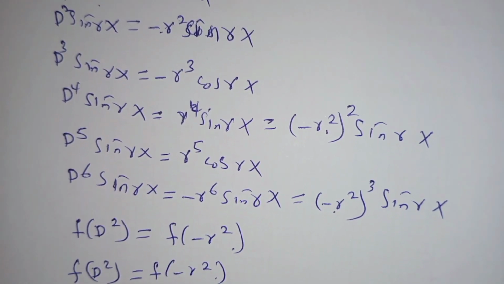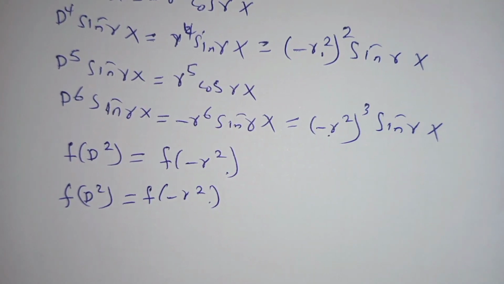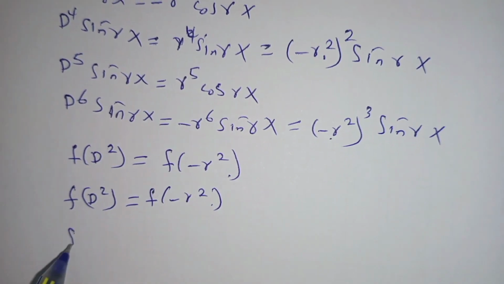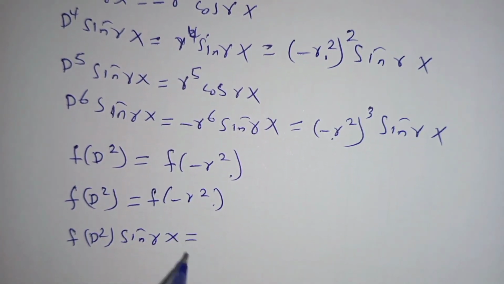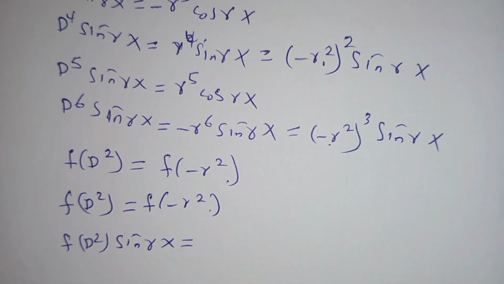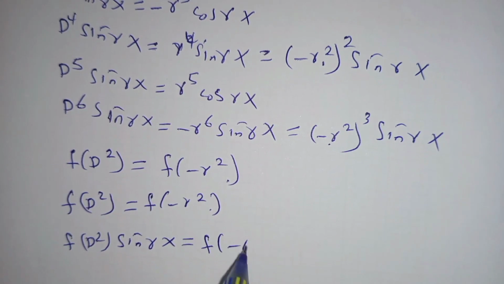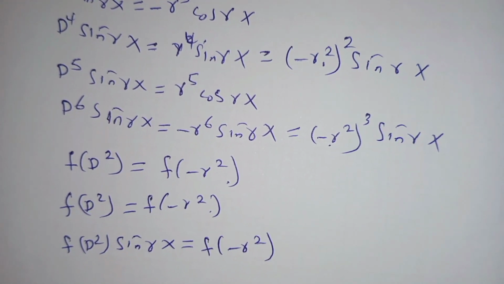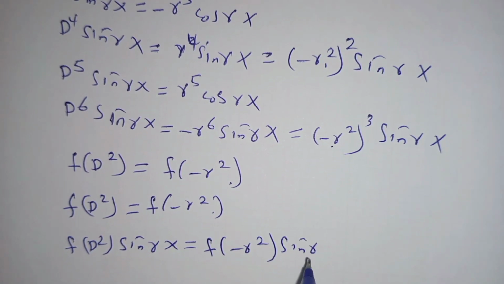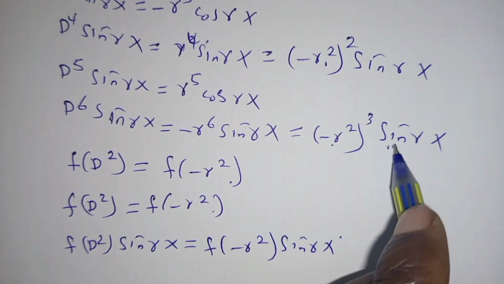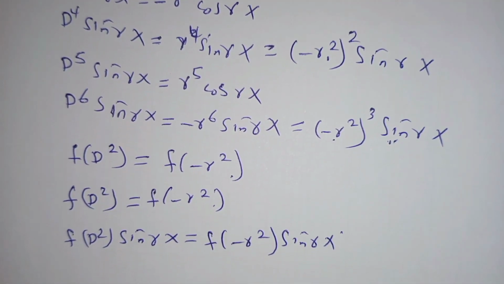Now in terms of sine, it means that f of D squared of sine of rx is equal to f of negative r squared times sine of rx, from this fact up there.